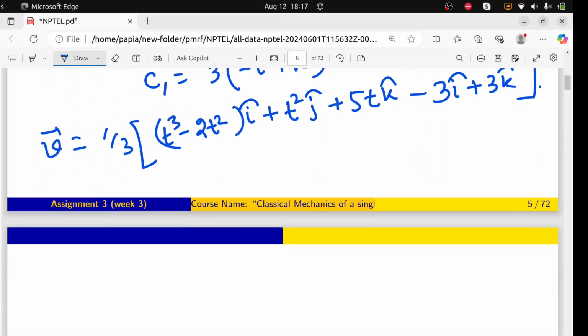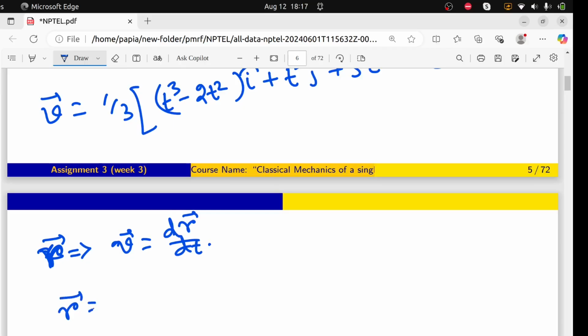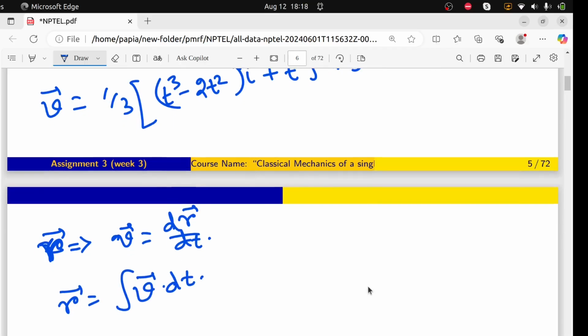This is our v. Now coming to x, like r basically, the position vector. So how can we get the position vector? The v vector I can write as dr/dt, so the r vector will be the integration of v dt.